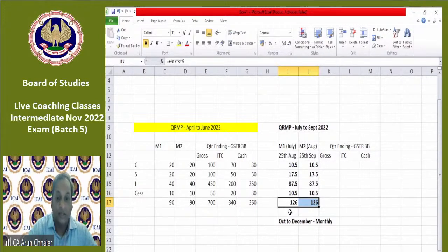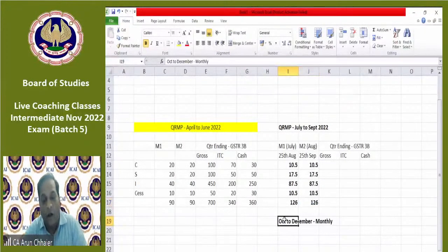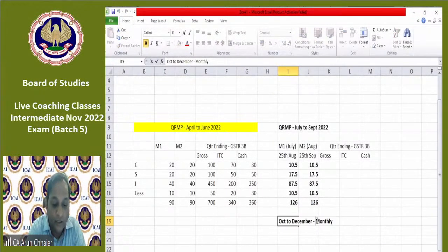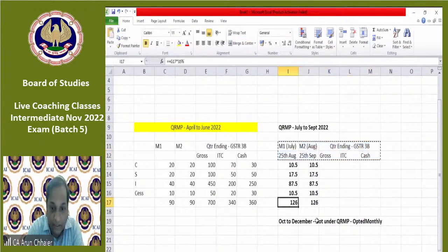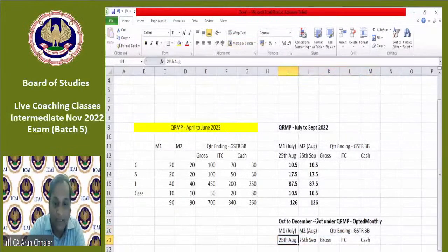Everyone is almost clear. Now I'm saying in October to December, I have withdrawn from quarterly. No, not under QRMP, I have opted monthly. Please tell me how much amount I will pay for month 1.